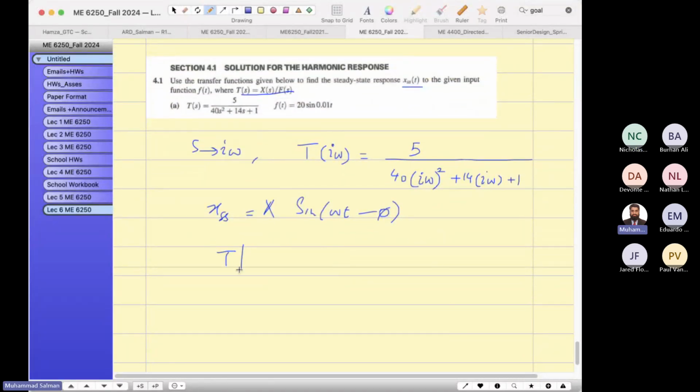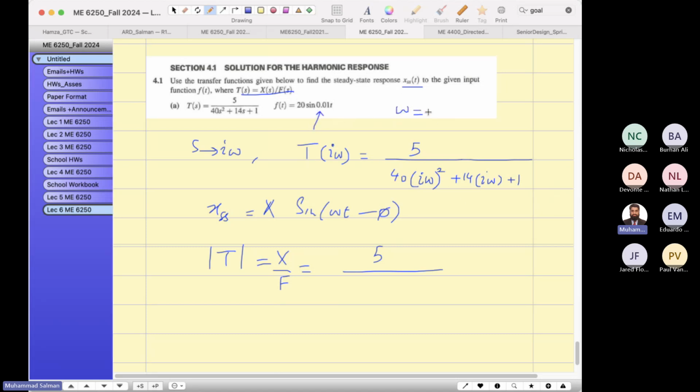Can you tell me the mod of this, which is the output over input? So in that case, y over what is our forcing function?